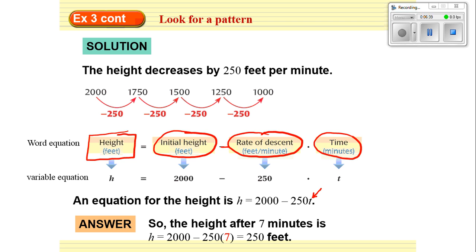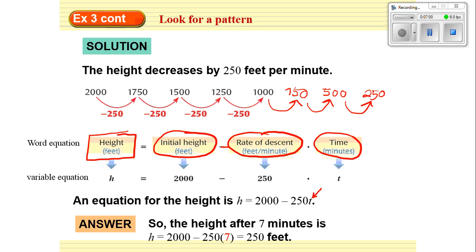Now you're probably thinking we could just continue this pattern and decrease it by 250 and we would get 750, and we would continue on to 500 until we eventually got 250 feet.